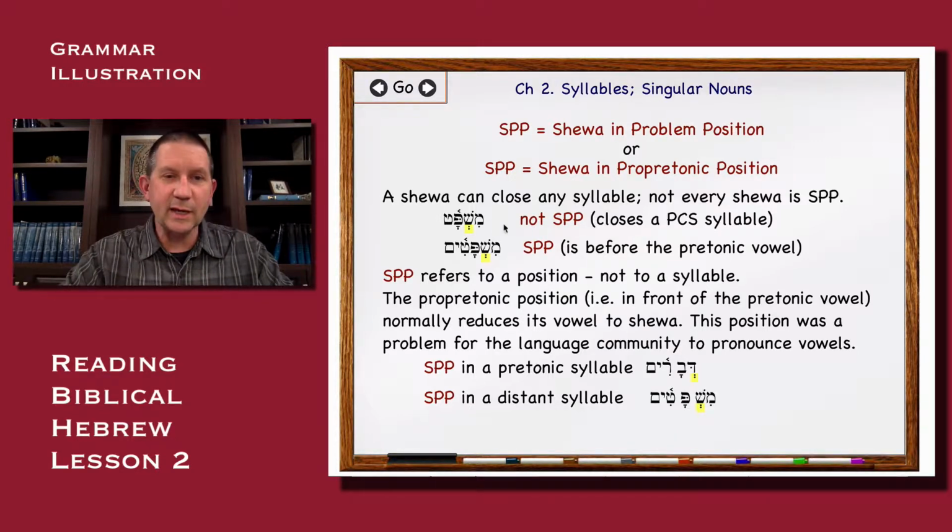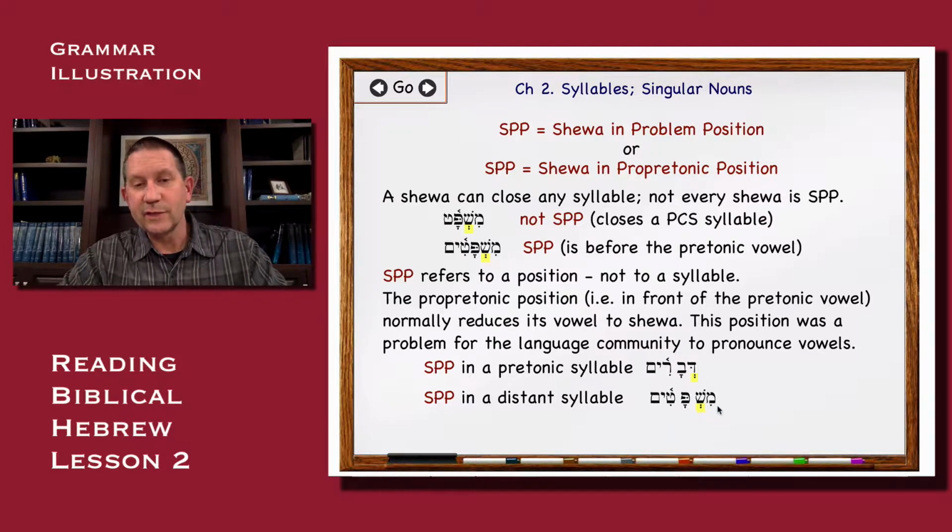Now, it doesn't seem like much when we're talking about mishpat and mishpatim because you've got a closed short syllable in both cases. But for the moment, let's just look at divarim compared to mishpatim. They both end in an accented closed long. They both have pretonic open long. But because there's nothing else out here, this shava in problem position has to be part of the pretonic syllable.